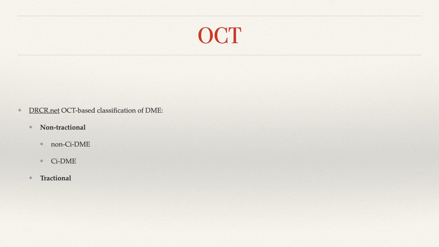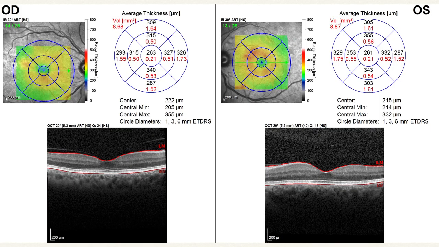According to the DRCR, center involving diabetic macular edema is defined as diabetic macular edema involving the foveal zone, which is the central 1 mm area on the ETDRS grid circle, with central subfield thickness of at least 250 microns on the time domain OCT 3 machines, or at least 300 microns on the more recent machines such as the Spectralis machine.